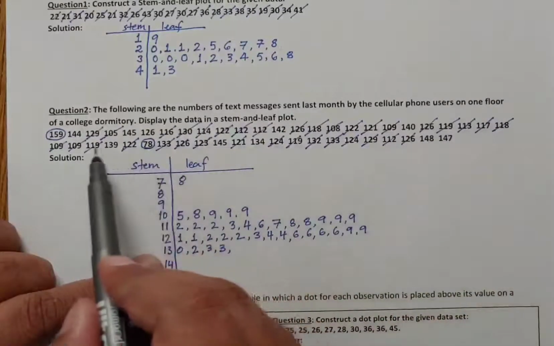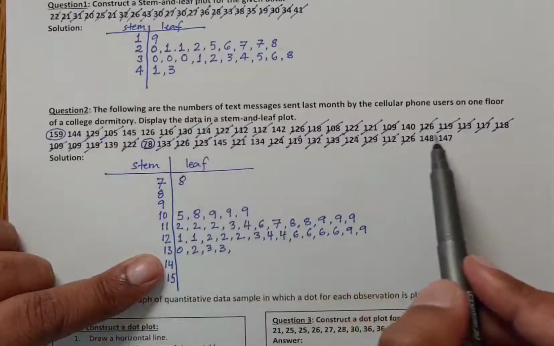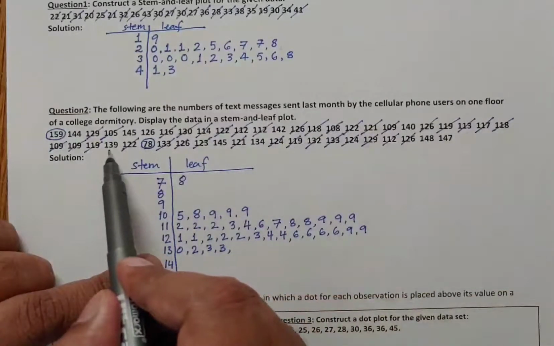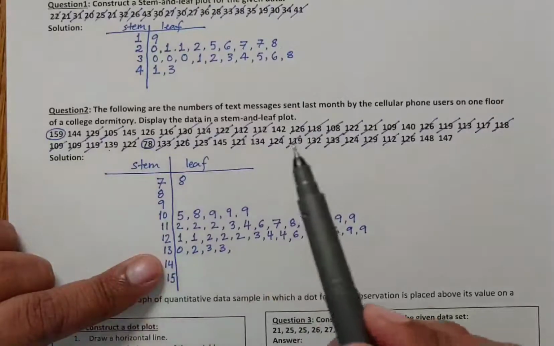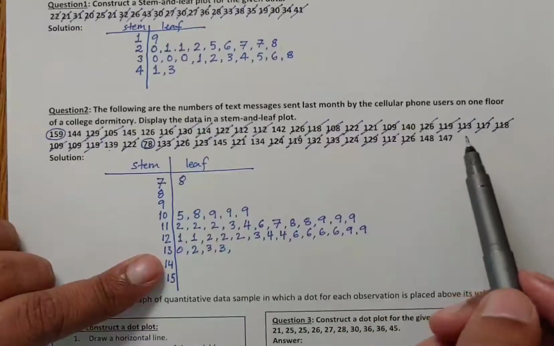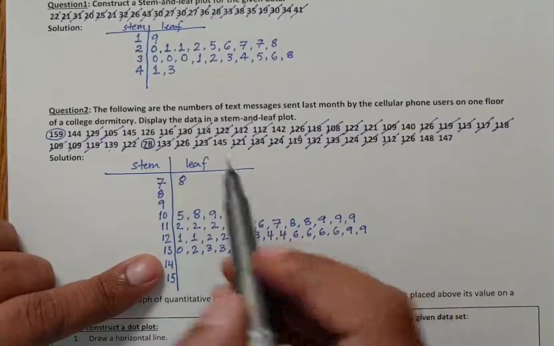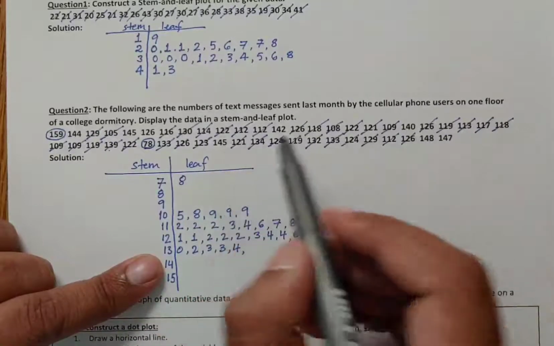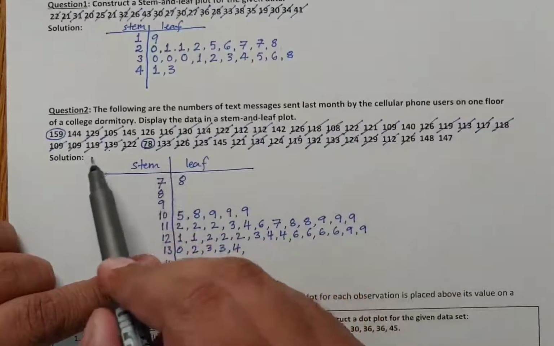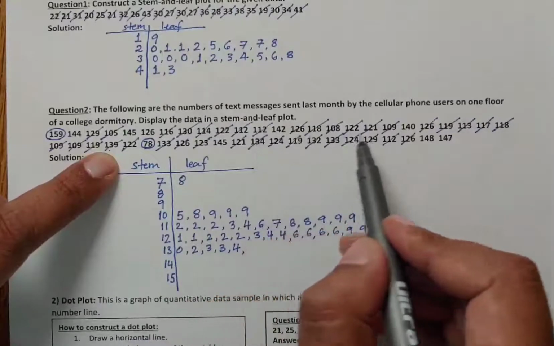Is there any number left in the 130s? We have 134 here, and then we have 139.